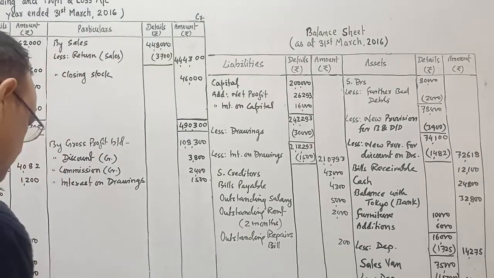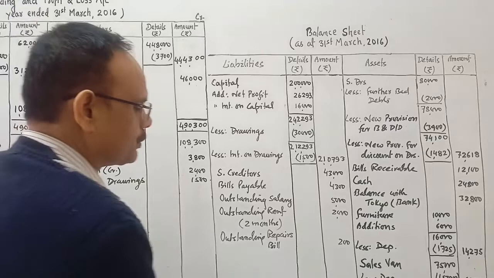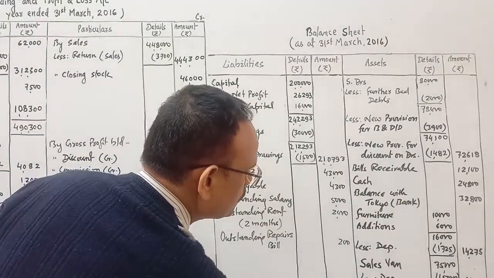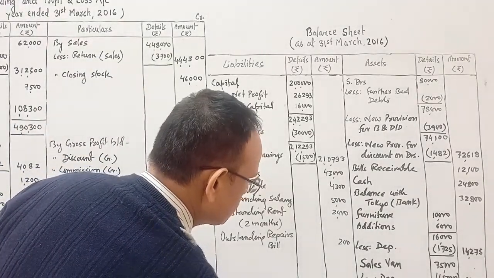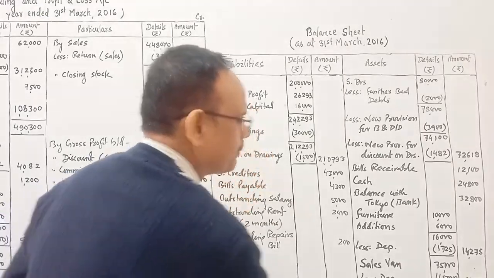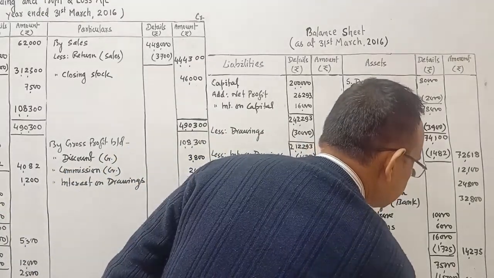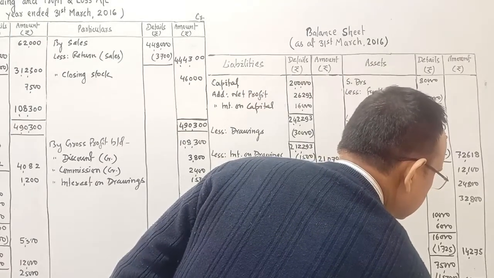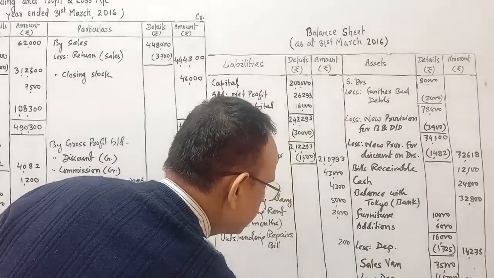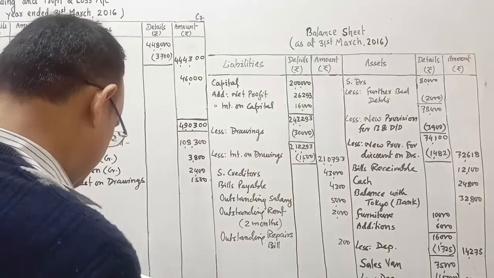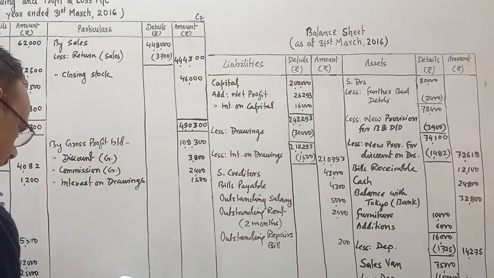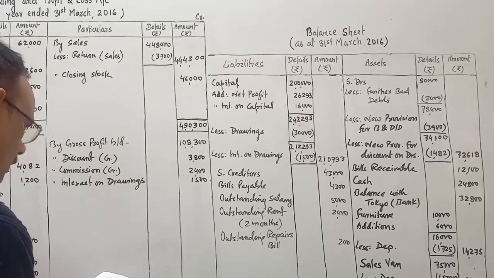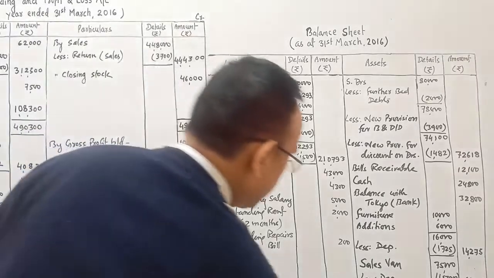Now we'll do the total of both sides. And this total must agree or tally. So the total of both sides is 2,65,293.